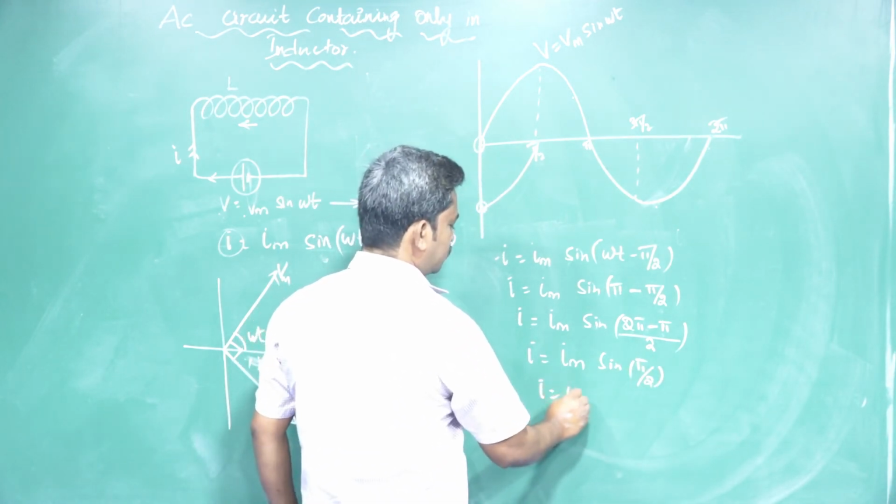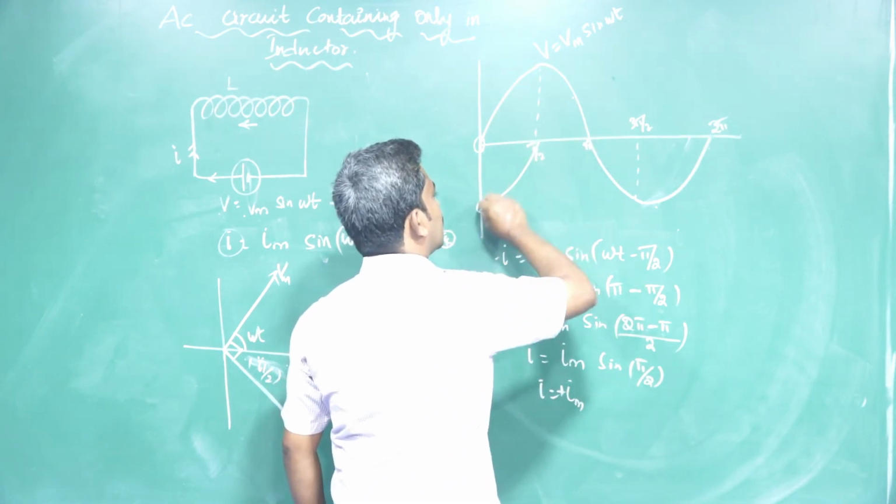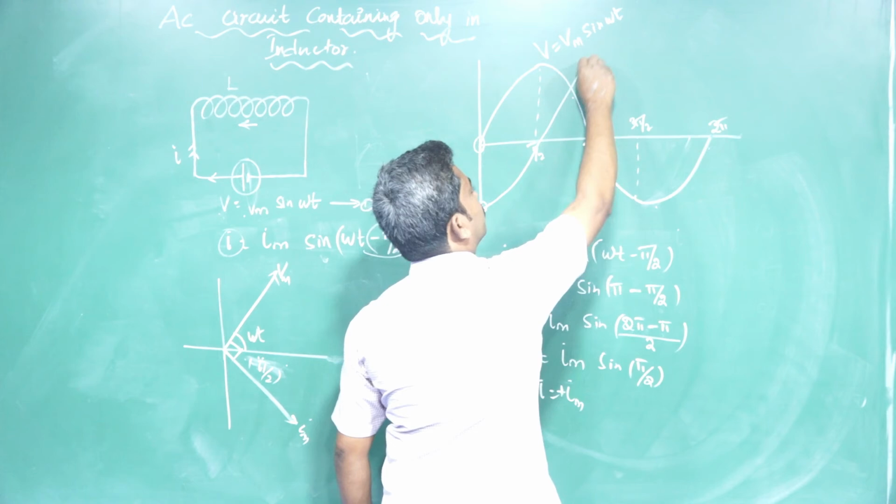So I = Im, positive maximum. So at this value the current is maximum.